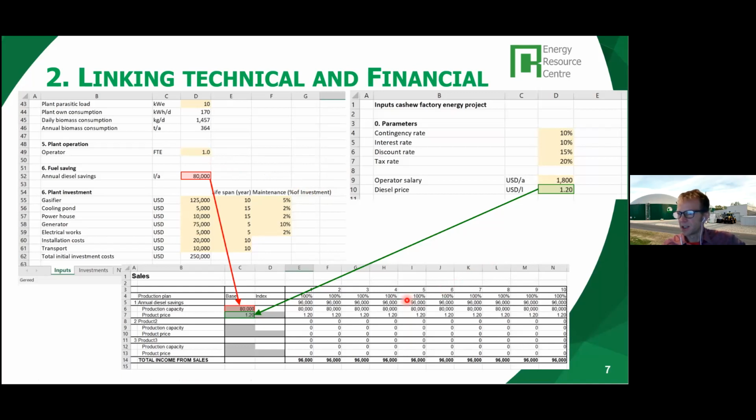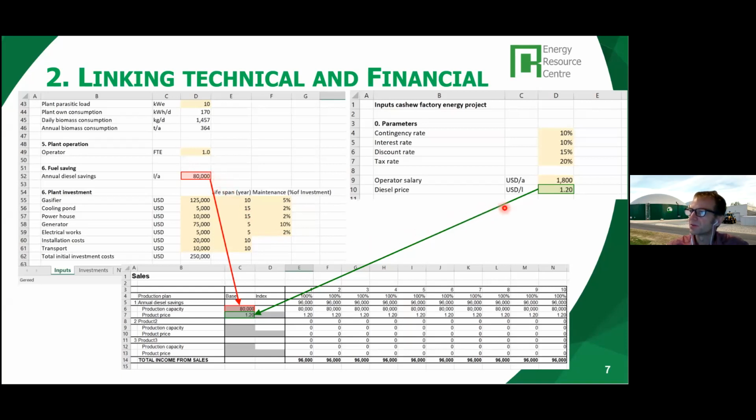Then we switch to the income side of the project, and for that we have the sales tab in the model, where we define on the one hand the amount of diesel fuel in our case, which is reduced by introducing the gasification system.